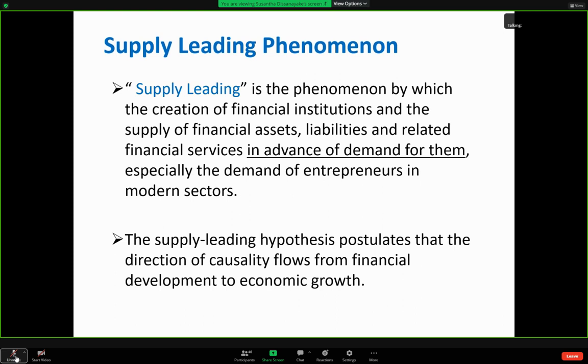So then we'll take this one also and have a discussion. The supply leading hypothesis postulates the direction of causality from financial development to economic growth. So in the supply leading phenomenon, first development happens in the financial institution.